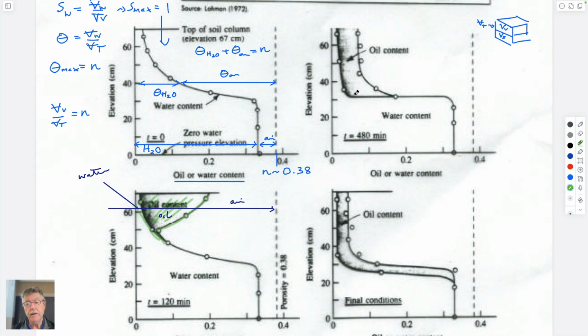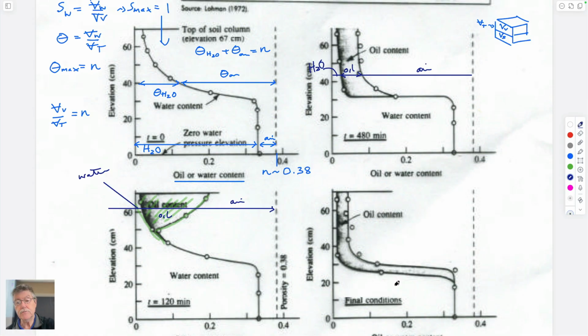And so now, if you take a section across here, then you can do exactly the same thing. This is air, this is oil from here to here, and this is water.